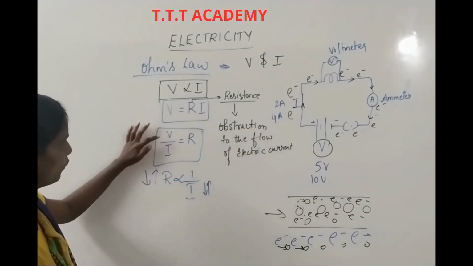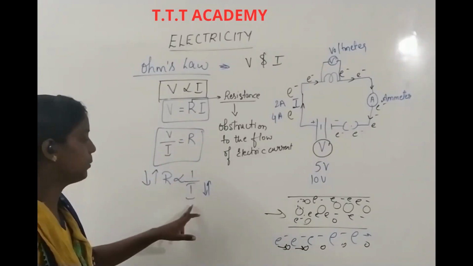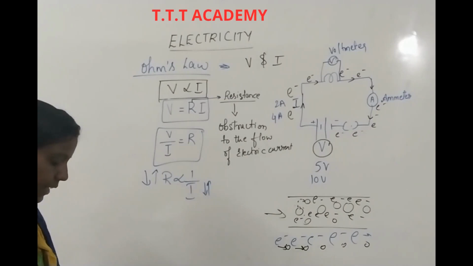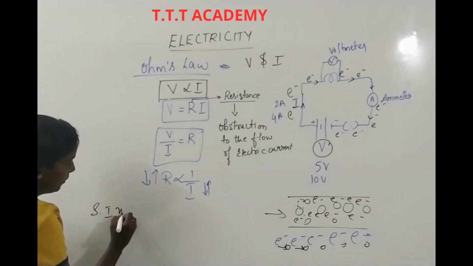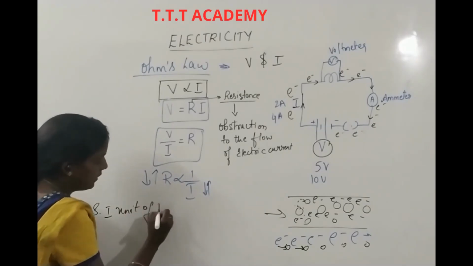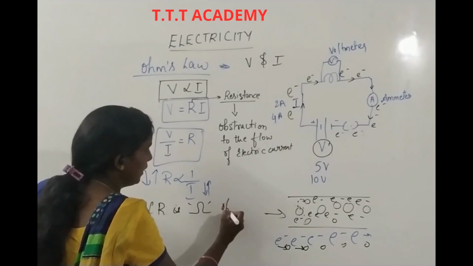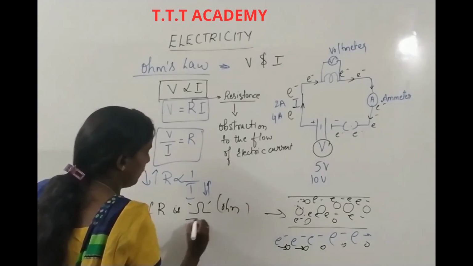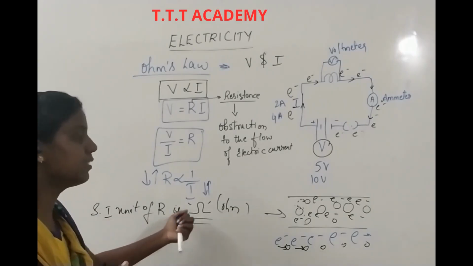V by I is equal to R. R is inversely proportional to electric current, and the SI unit of resistance is ohm. That symbol, we are going to write like this. Ohm.